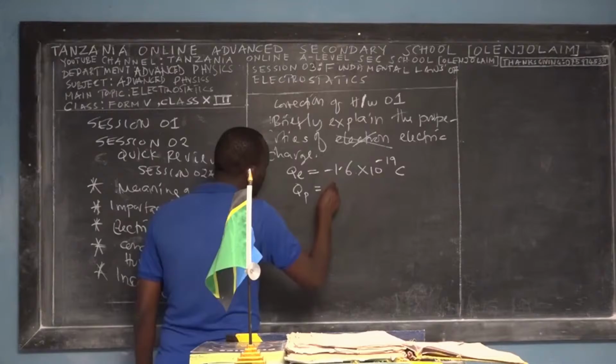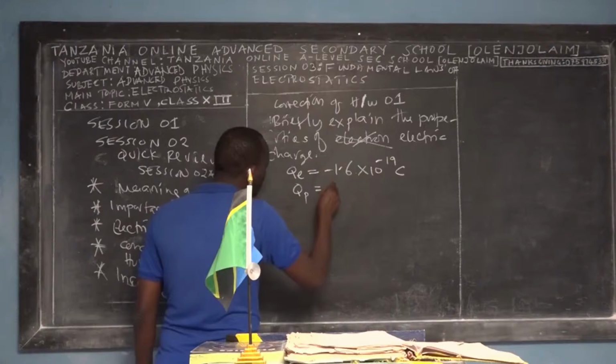And another property, the fourth one, if I'm not mistaken: the electric charges produce a force between themselves which is inversely proportional to the square of their distance apart. That is Coulomb's law that I'm going to teach you today. The fifth property, electric charge is a scalar quantity, not a vector quantity. The sixth property is that the magnitude of the electric charge on a body is independent of the speed of the body.